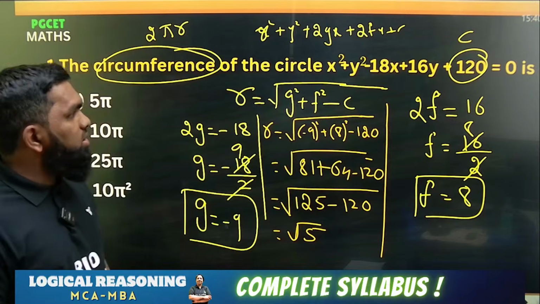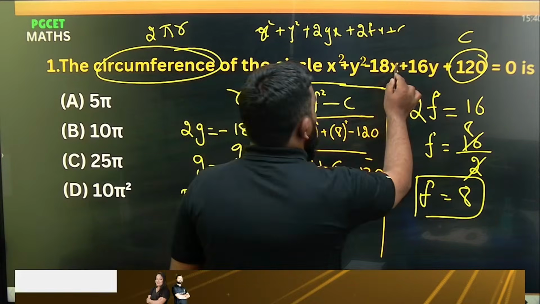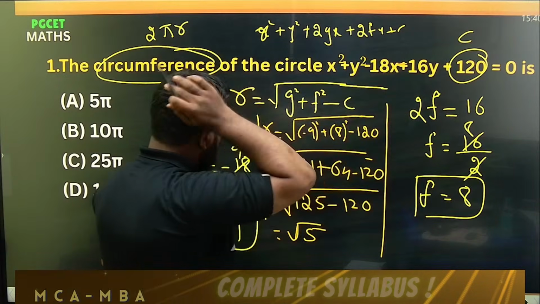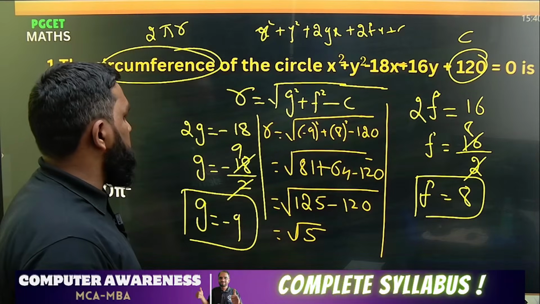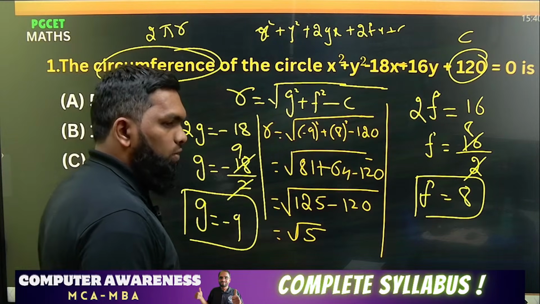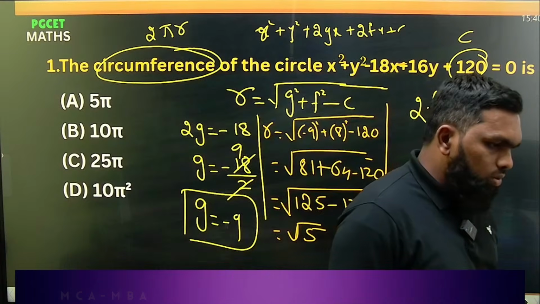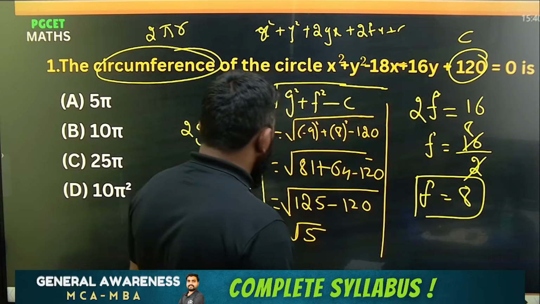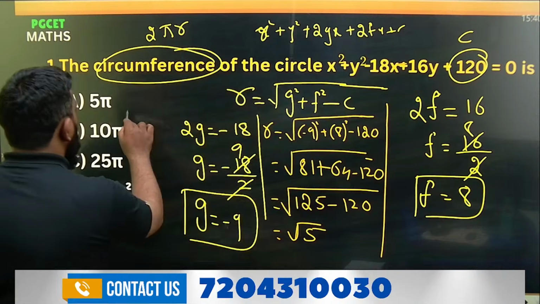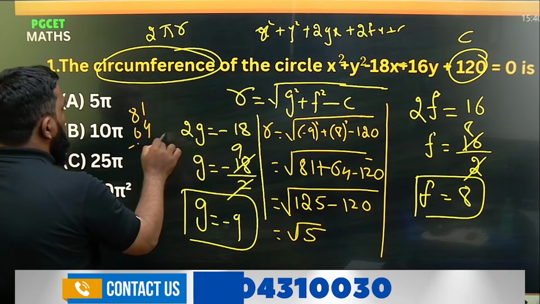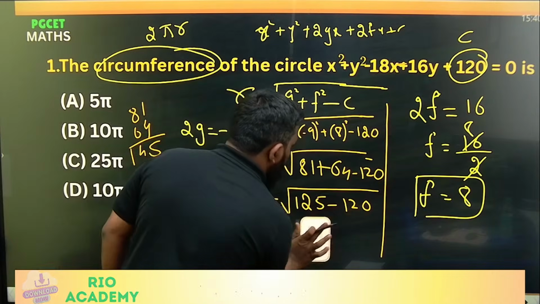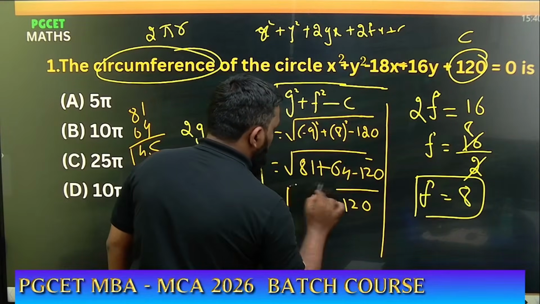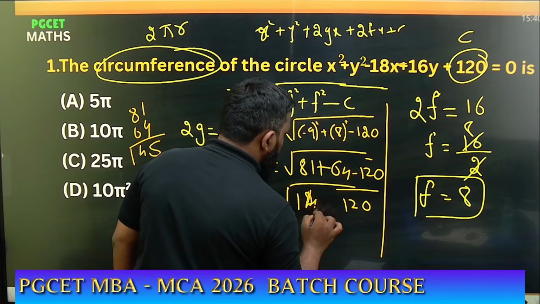Minus 16y, so again it is 16, that is 6 root 5. Then check 81 plus 64, that is 145. Yes, correct, root of 145.